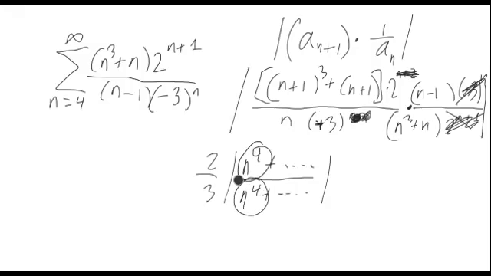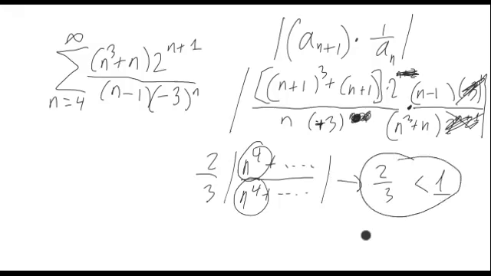So hence, we get that this limit goes to 2/3, which in absolute value is less than 1. All right. So that means that this series absolutely converges. So not just conditional convergence, but absolute convergence. So this series converges absolutely.